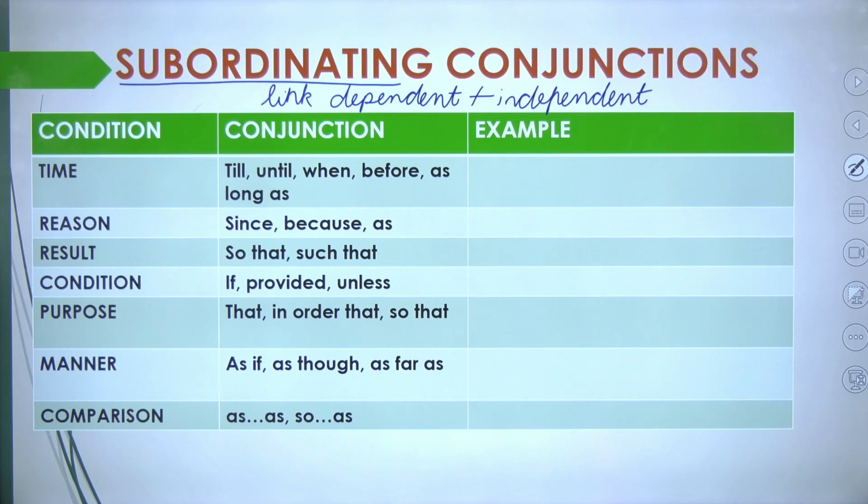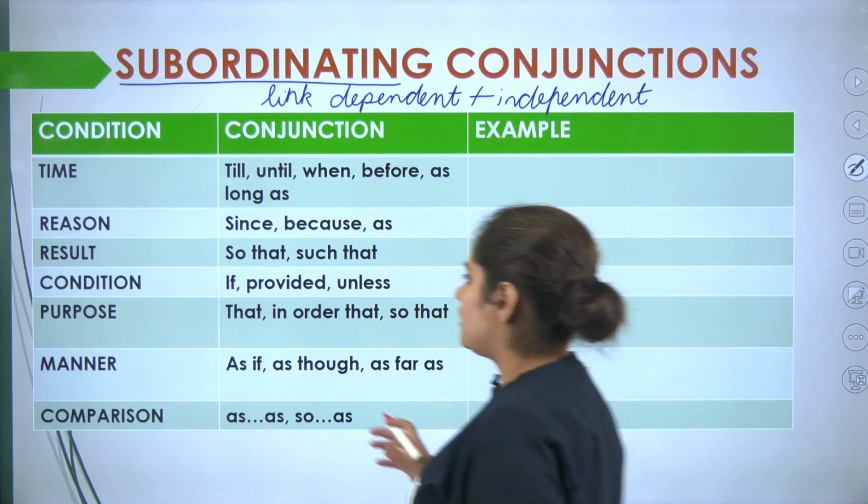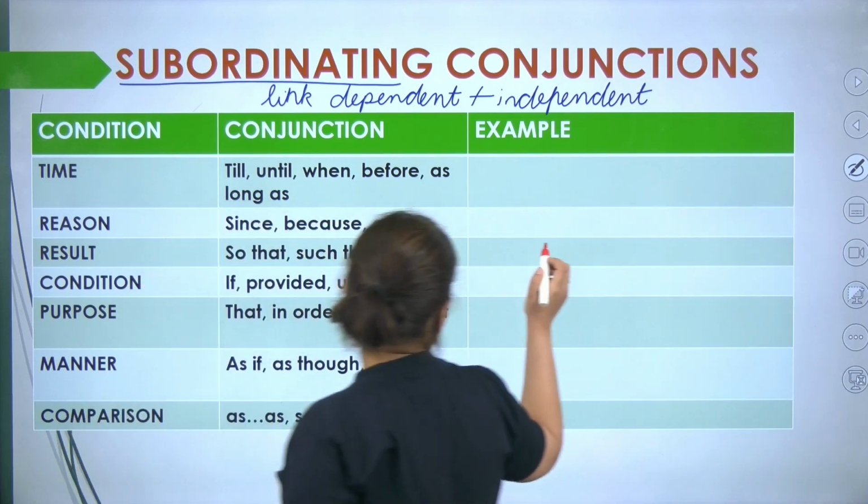For example, on its own, there are some parts which can never have any meaning. Because he would not wear a seat belt. Does this make sense if I write just this part?